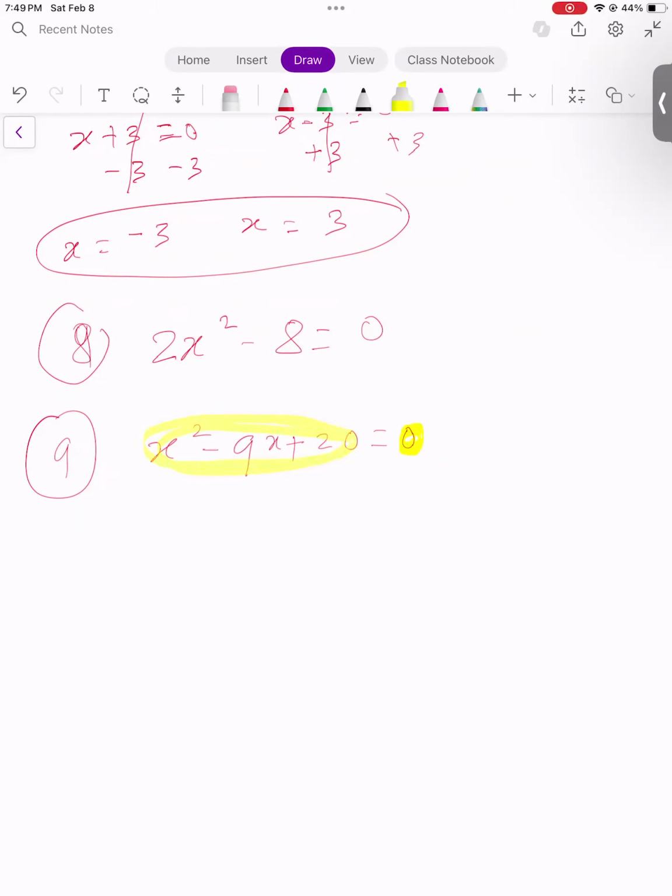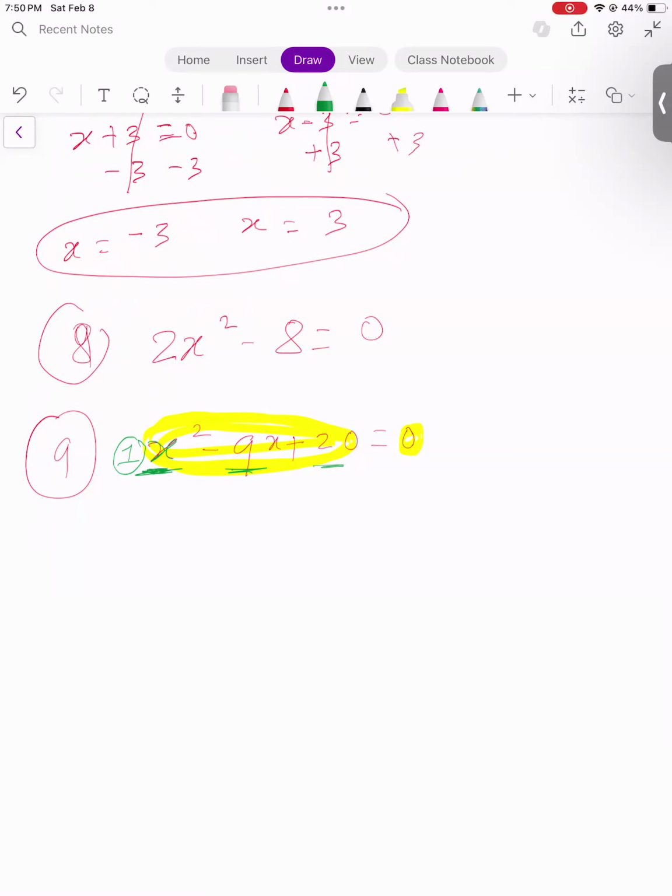So we have to factorize this trinomial. We have three terms, and these three terms are in quadratic form. Also, this quadratic form has a coefficient of the square term as 1. So if you have a quadratic expression with the coefficient of the square term as 1, what method do we use for factorization here?